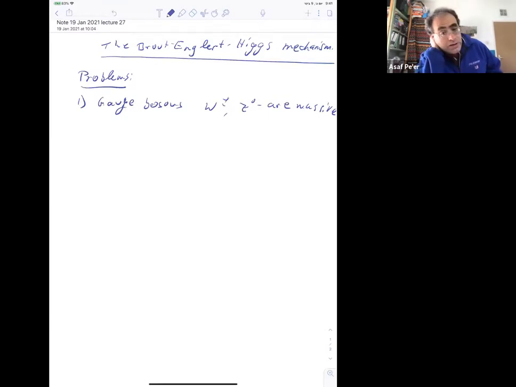And then within the standard model, there is another problem, because we said that the left and right-handed fermions have different charges for the weak isospin and different hypercharge, which means that if we put in fermion masses, they also break this gauge symmetry, the isospin and the SU(2)_L symmetry. So we need to find a way to give them the fermion masses which will not break the symmetry.